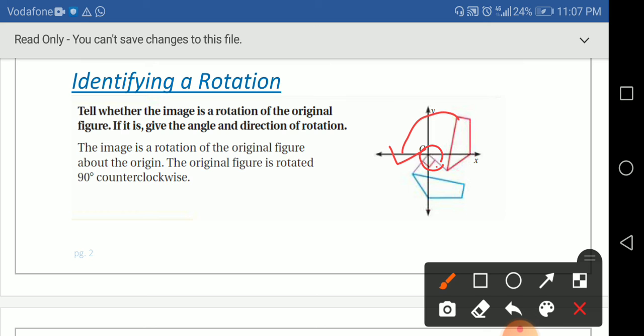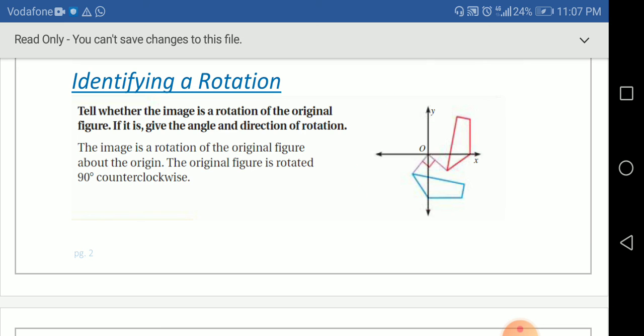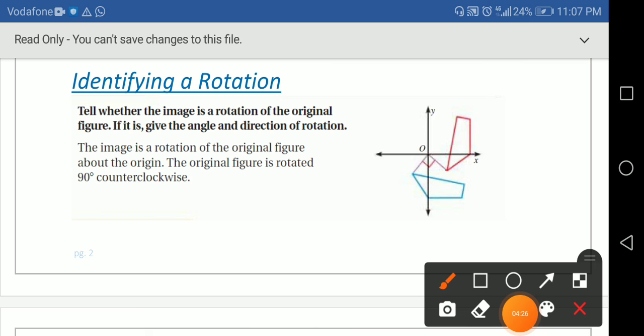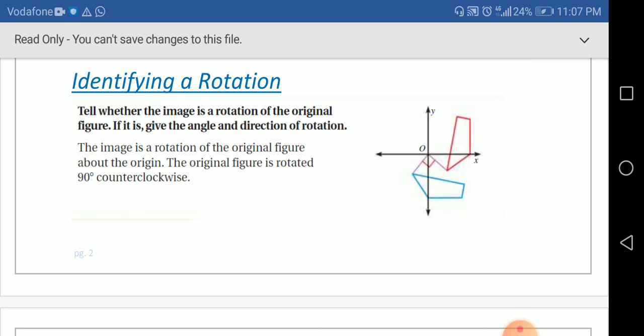Can you see the small box? It is 90 degrees counterclockwise, the opposite direction of the clockwise movement of the clock. So we got from this point to this point. How can I go? I will do this. Can you see this one? And we'll move like this. So I got the 90 degrees.